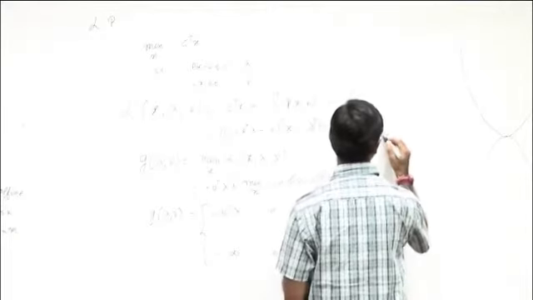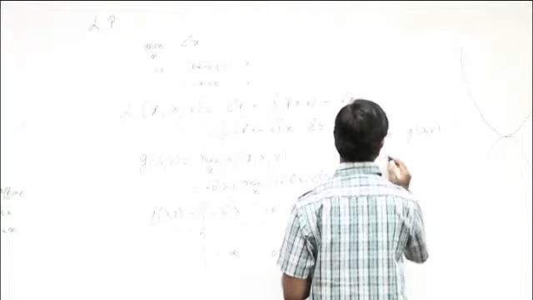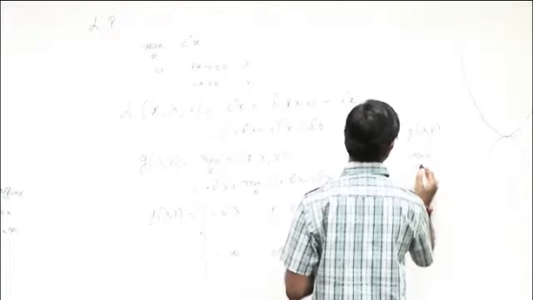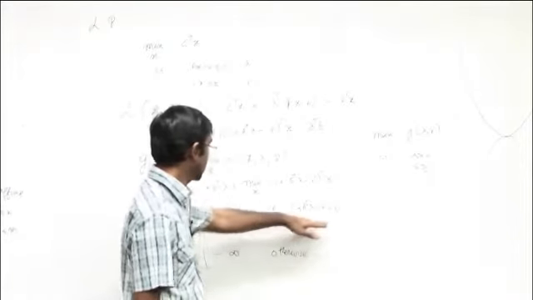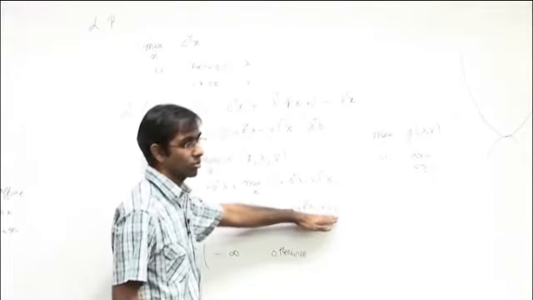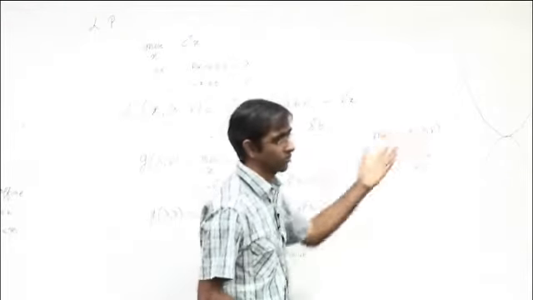Now recall that my dual problem was maximize G of lambda, nu such that lambda is positive, nu is positive. This will be my dual problem. So naturally I will not consider the cases where C plus A transpose lambda minus nu is not equal to 0, because then my G of lambda, nu is minus infinity.